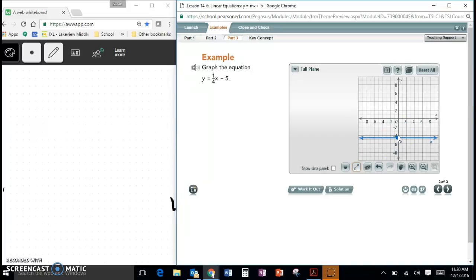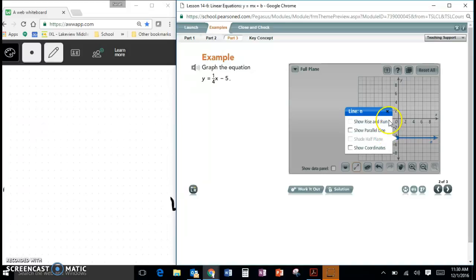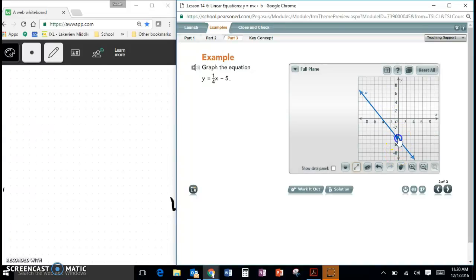So I'm going to go up 1 over 4. So up 1 over 4 is right here. And that would be the line, or a picture of my line, for this equation.